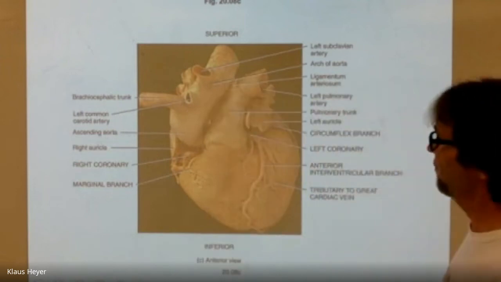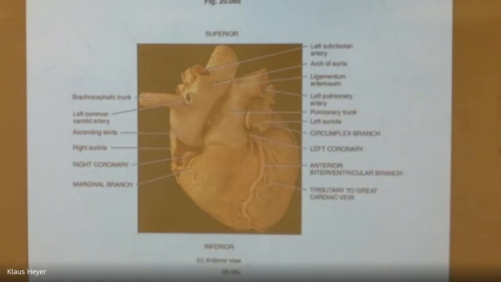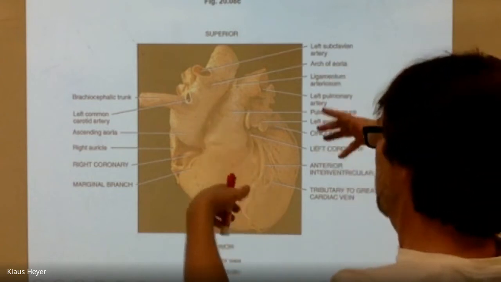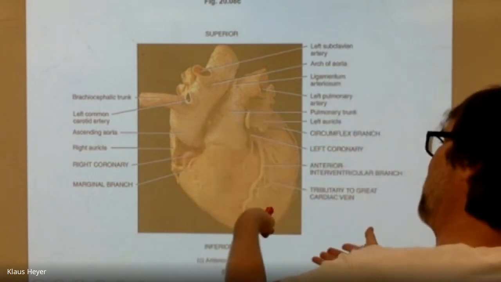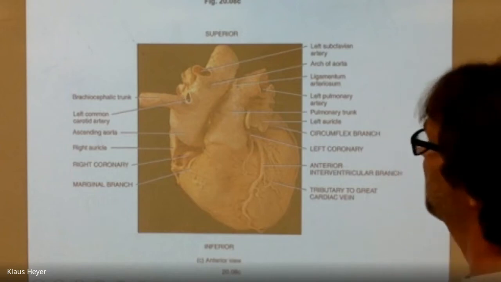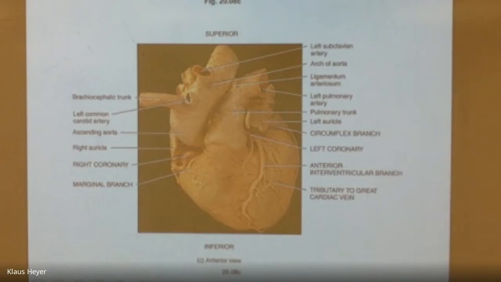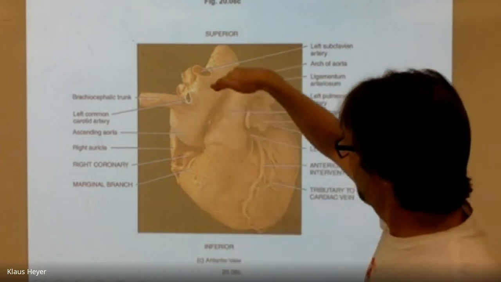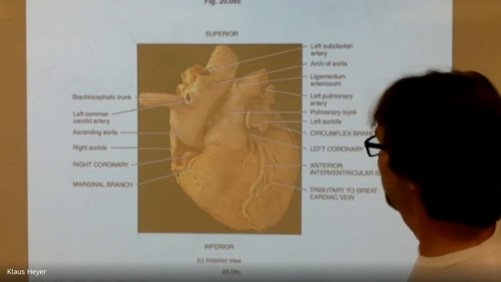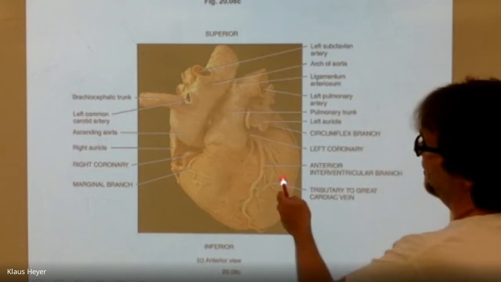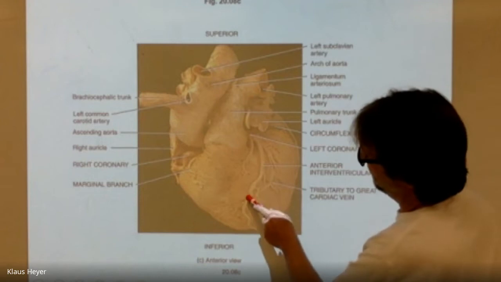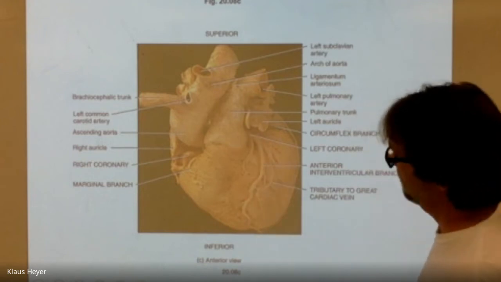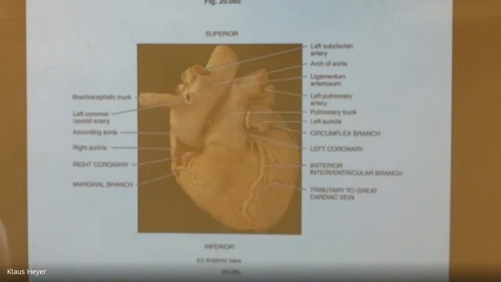It's kind of hard to make out where things are. I think we're looking a little bit from top down, and then we're looking at the front, but at a diagonal angle. This is one of the coronary vessels, but that's not really what I wanted to show you.